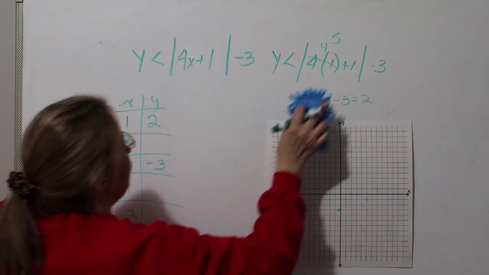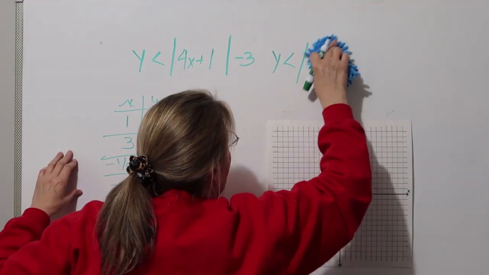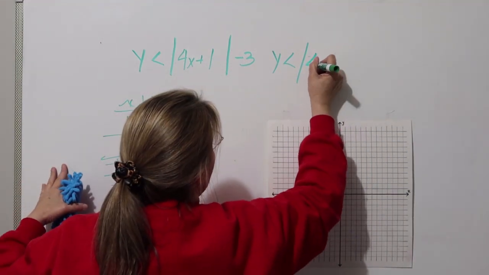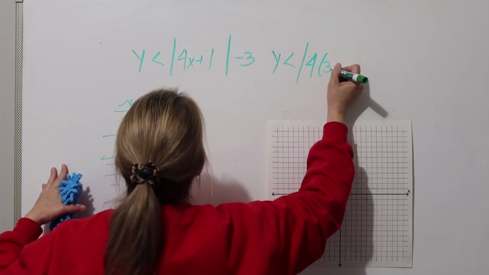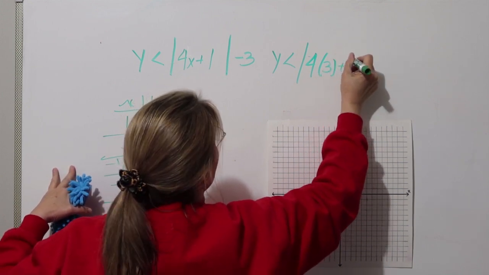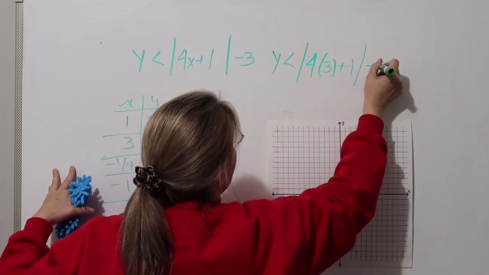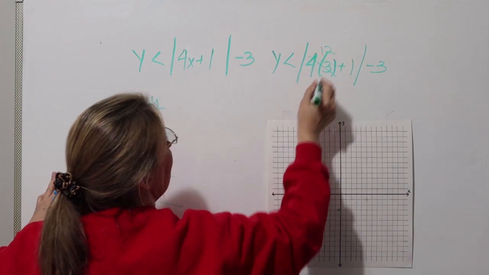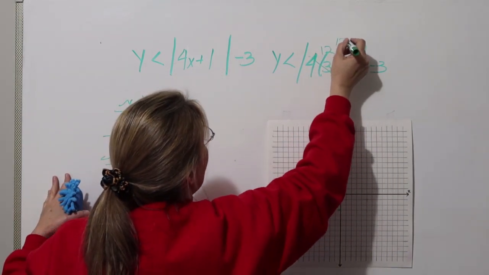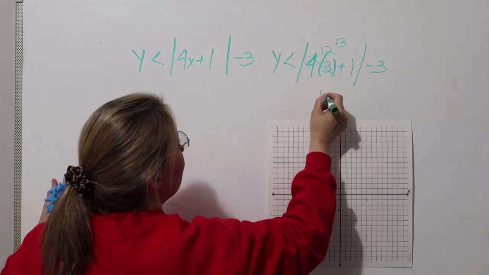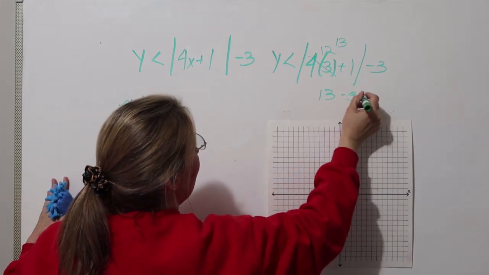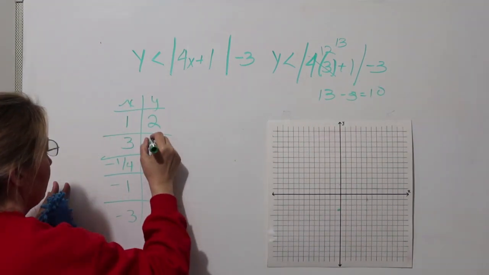All right, let's do 3 now. I've got absolute value of 4 times 3 plus 1 minus 3. 4 times 3 is 12, and 12 plus 1 is 13. And the absolute value of 13 is 13, and 13 minus 3 is 10.